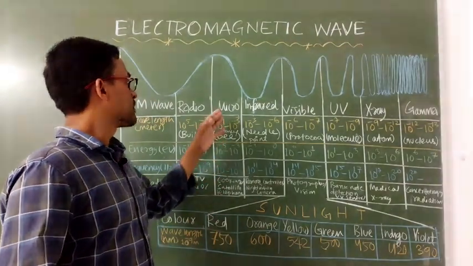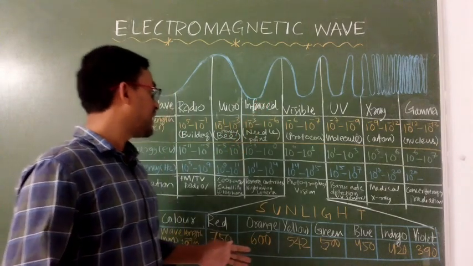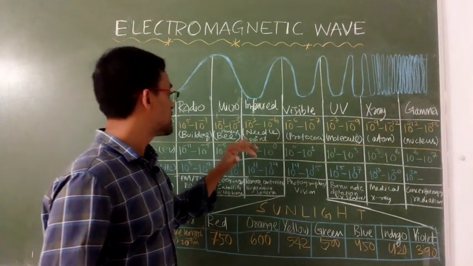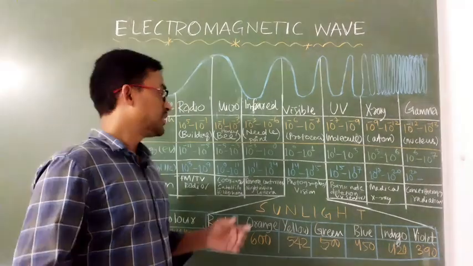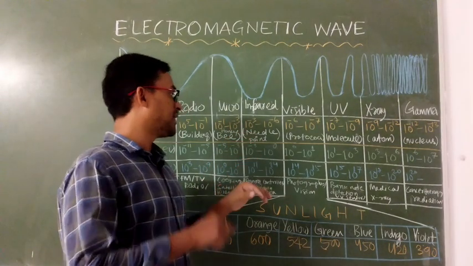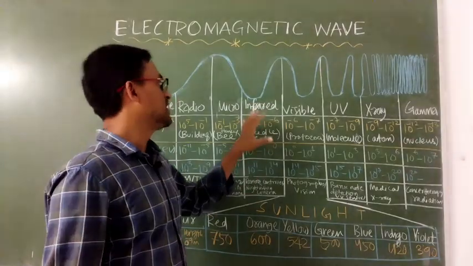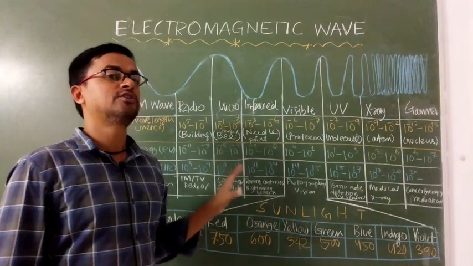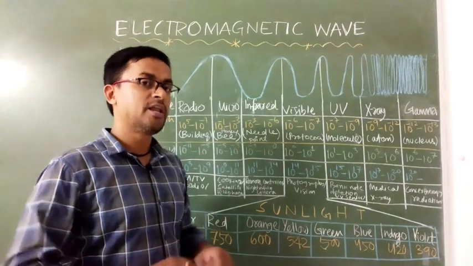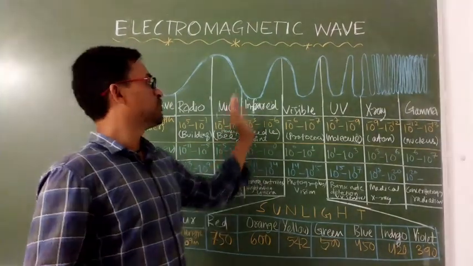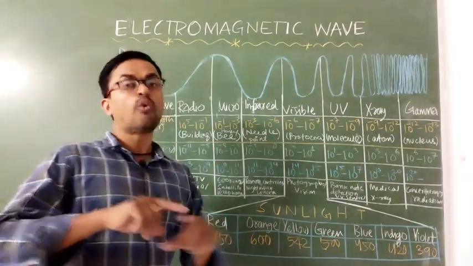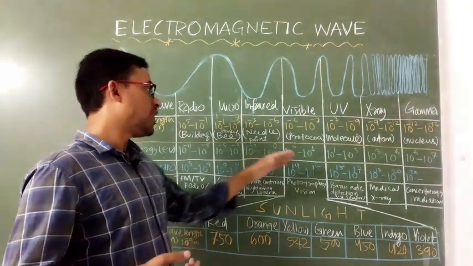But when it comes to the infrared, it is 10 to the minus 3 to 10 to the power 0, that is, 1 by 1000 to 1 electron volt. This infrared range also has very, very little energy. When you jump to the visible region, it is 1 to 10 electron volts.